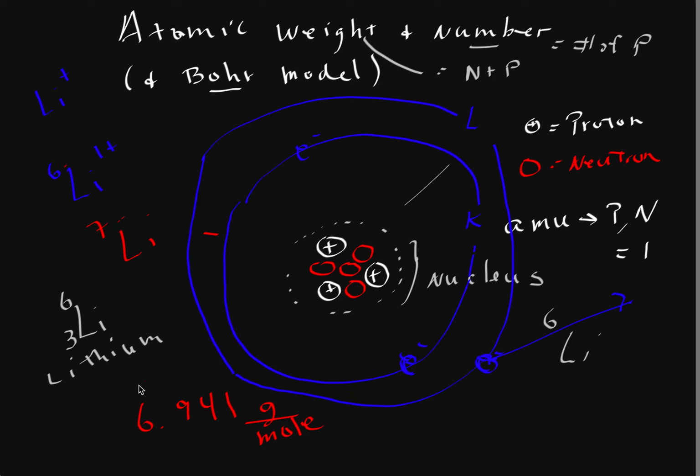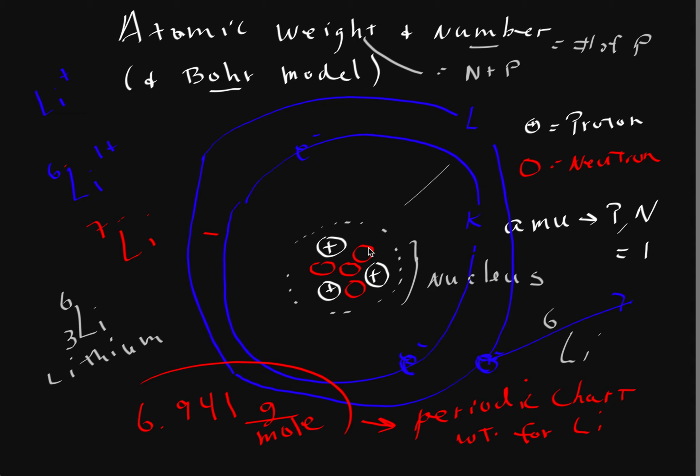So why is it that the atomic weight that's listed in the periodic chart, that's the weight for lithium, is not exactly 6 or exactly 7?